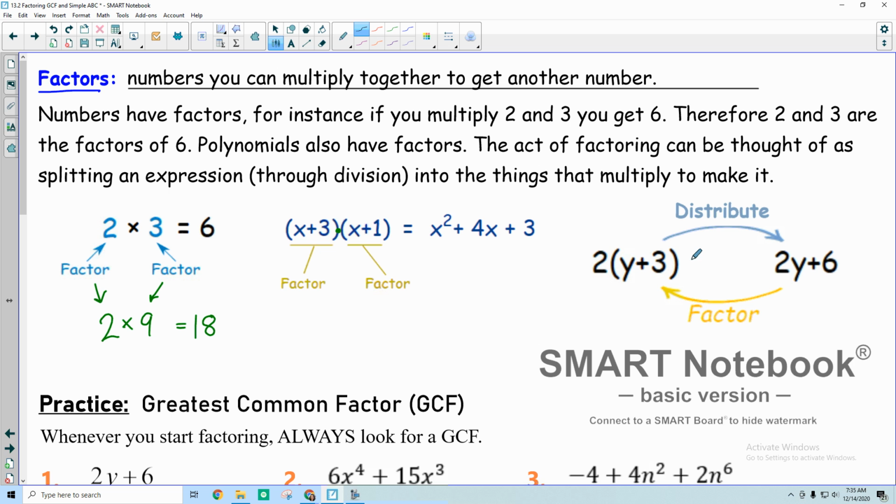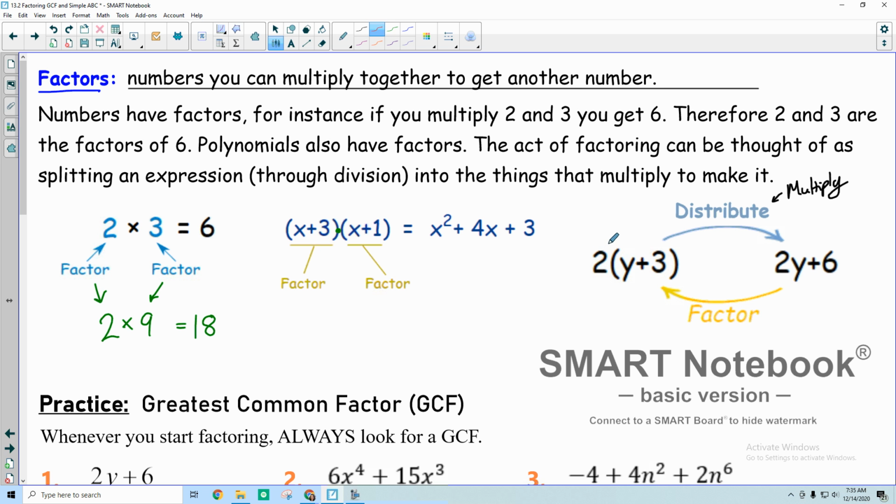And then, if you've heard the word distributing, right? Distributing is just a way to say that we are multiplying something. So for example, like if we see this 2 that's outside of this set of parentheses, what is your gut reaction with what you're supposed to do with that, right?